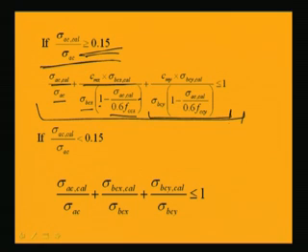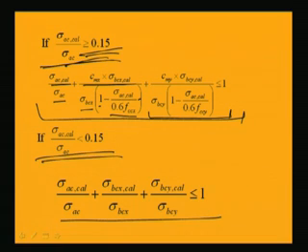This is given in the code if sigma AC calculated by sigma AC is greater than or equal to 0.15. Otherwise, if it is less than 0.15, then simply we can use this one: sigma AC calculated by sigma AC plus sigma BCx calculated by sigma BCx plus sigma BCy calculated by sigma BCy, which should be less than or equal to 1.